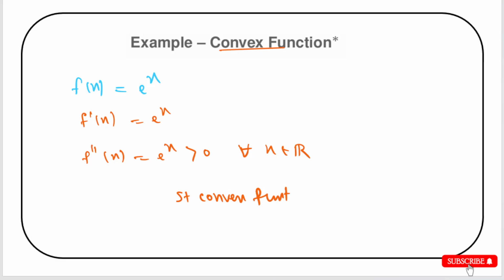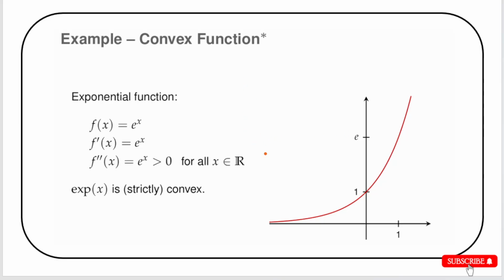Exponential function is strictly convex. Here you have the proof, and this is the graph of f(x). This is e to the power x. Graphically also you can see, take any 2 points here, and if you join it by a line segment, you will see that the line is always above the curve, right? Line is always above the curve, which implies that it is a convex function.